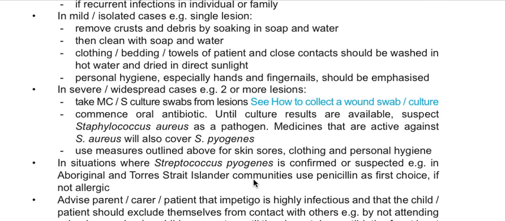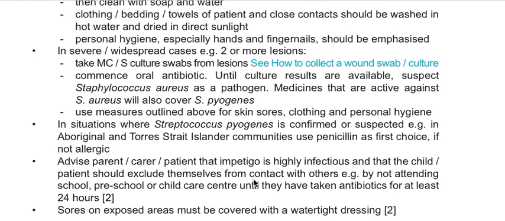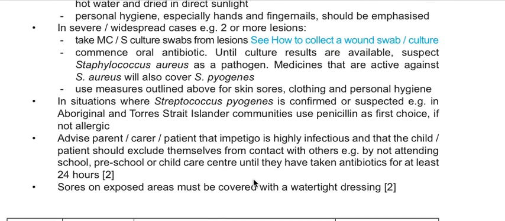If you've got mild isolated cases, you can remove the crusts and debris by soaking in soap and tap water. You want to make sure you wash all those clothes and dry in direct sunlight and emphasize personal hygiene. In severe widespread cases, you want to take a swab from the lesions, commence orals. Until culture results are available, suspect Staph aureus.